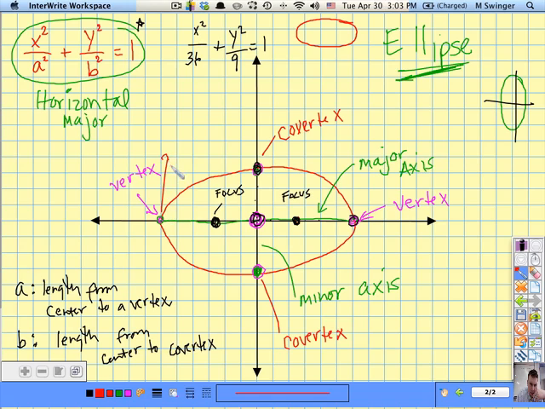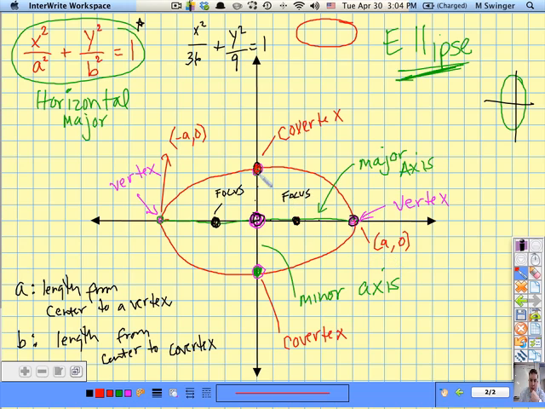This vertex, think about it. Here's (0, 0). Move over. In this case, it's (-6, 0). And what about this vertex? It's (6, 0). But in general, you have to memorize this. It is (-a, 0), and this vertex is (a, 0).